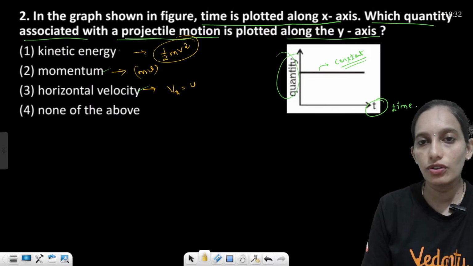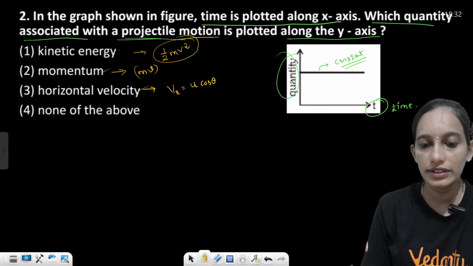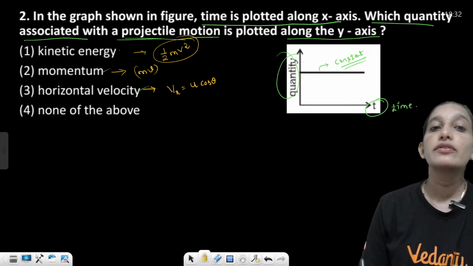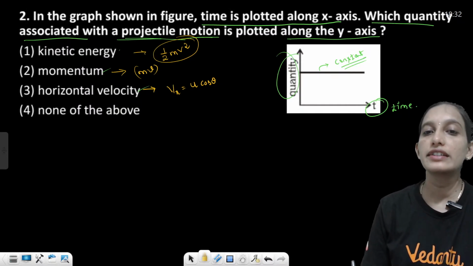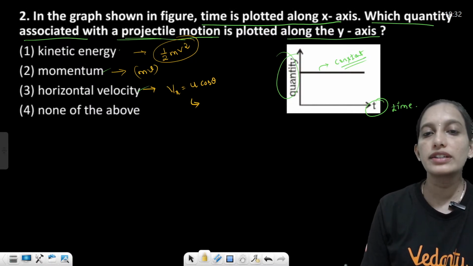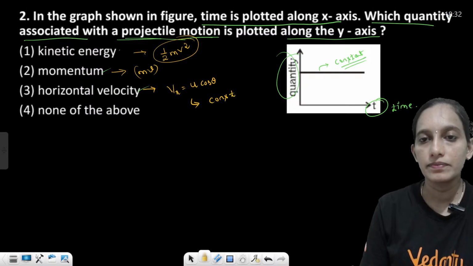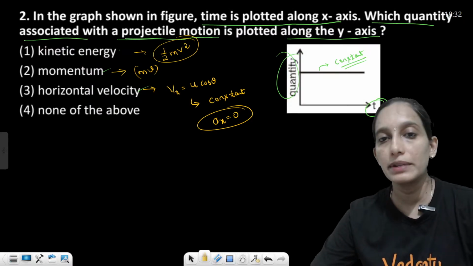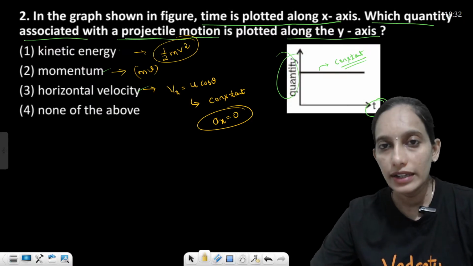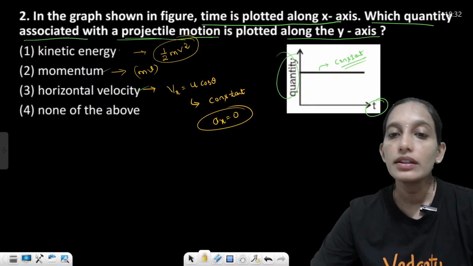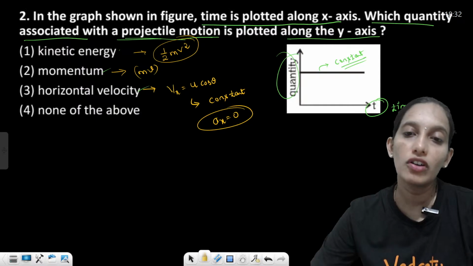Vx, which is always equal to u cos theta. In a projectile motion, the velocity along the horizontal direction is u cos theta. So for a given projectile, it is constant because there is no acceleration along x-axis. So this point I am repeatedly telling you, in the normal ground to ground projectile motion, there is no acceleration along x-axis.